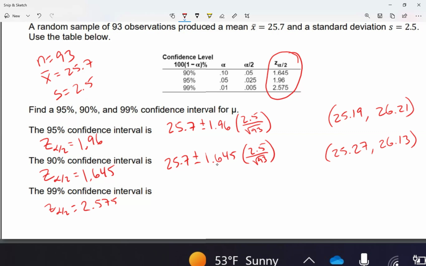You guys might be like, well, with the 95% confidence, my interval was bigger than with a 90% confidence. The higher the percentage, the bigger the interval. Yes. Remember how at the very beginning, last assignment, I asked how confident are you that on your next test you're going to get between 0 and 100%?